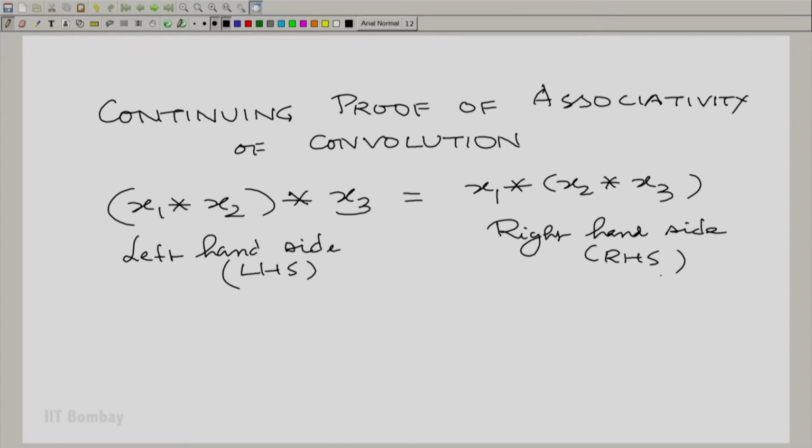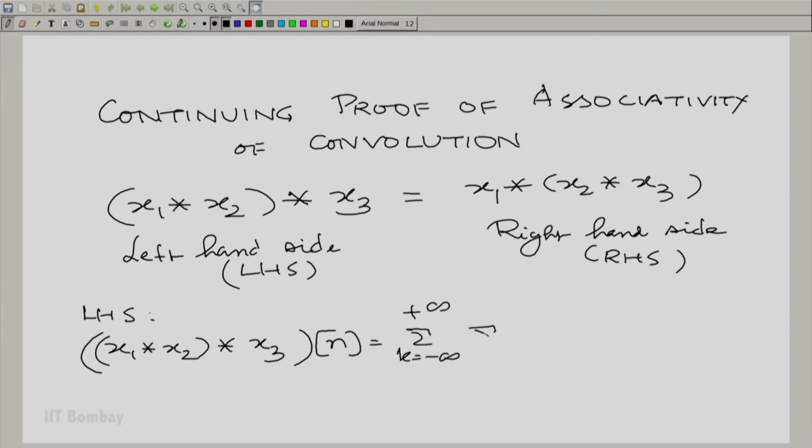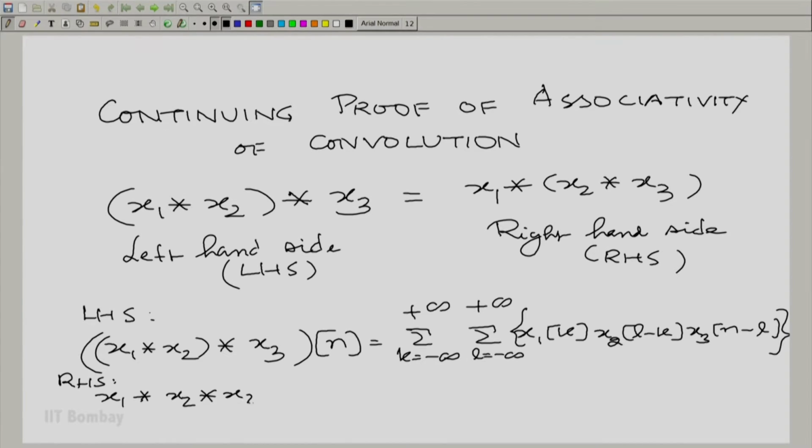Now, the left side evaluated at the point n is essentially summation over k and summation over L, and the right hand side again evaluated at the same point is summation over k1 and summation over L1.